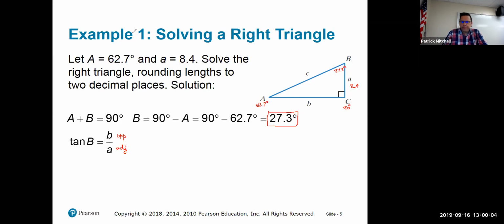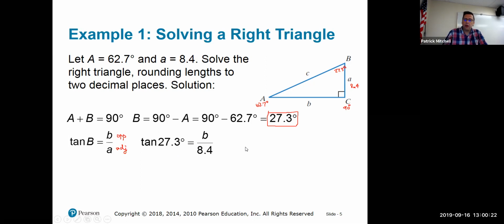Okay, so if we fill in 8.4 for a, because we know that, and we fill in 27.3 degrees for angle B, now you grab your calculator, make sure it's in degree mode.